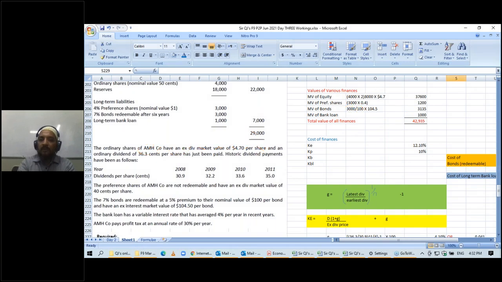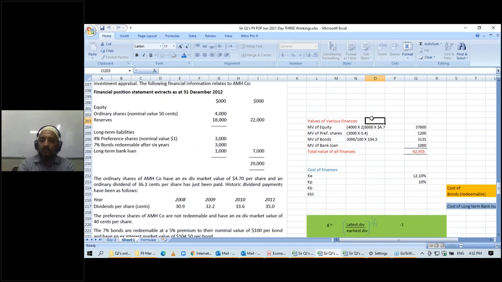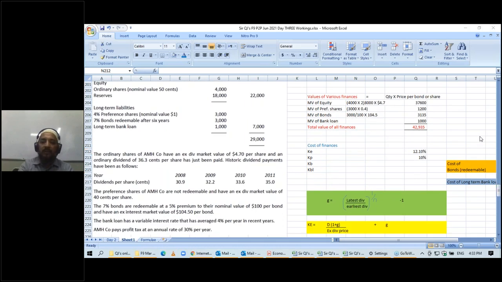The value of finances equals the quantity of the shares or bonds multiplied by the price per bond or share. I did know the market price of one bond, but I didn't know the number of bonds. That's why I divided it by 100.